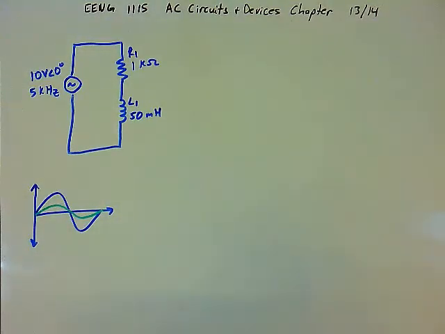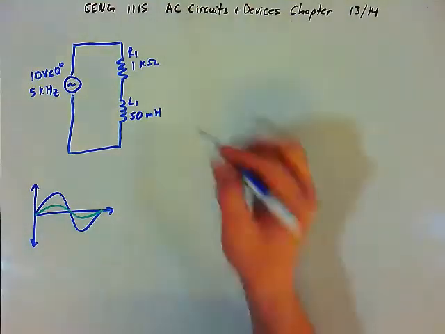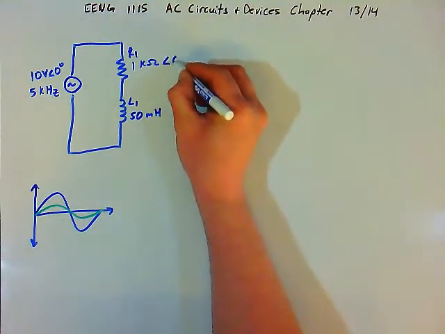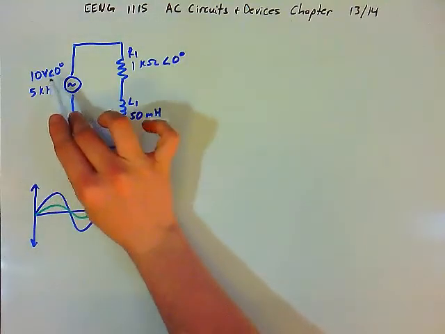If the voltage is at 0 degrees, the current would also be at 0 degrees, and therefore the resistance would also be at 0 degrees because there is no phase difference. So when I say that the resistance in the circuit is 1 kilo ohm, that is also a vector, and it's at 0 degrees. It'll be the same as whatever the voltage is.